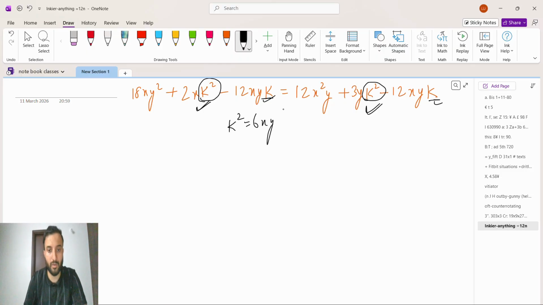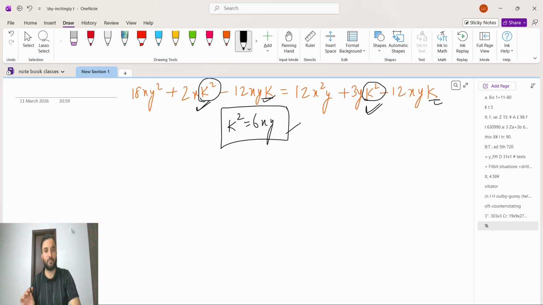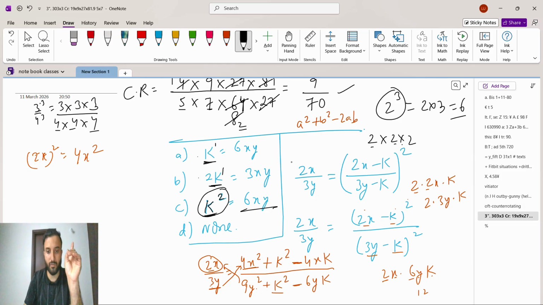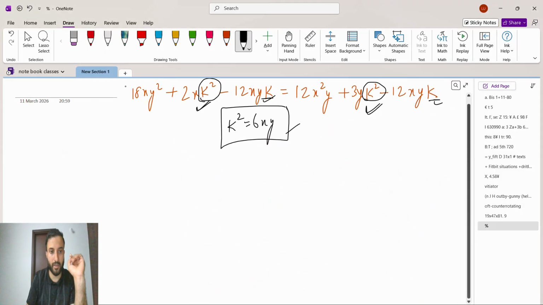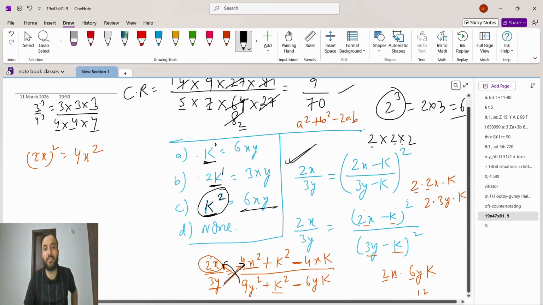The answer will be this. First we write as per the question, then we simplify, do the cross multiplication, and get this form. Check from the options the highest power: k power 1, k power 1, k power 2. So k power 2 means k square.